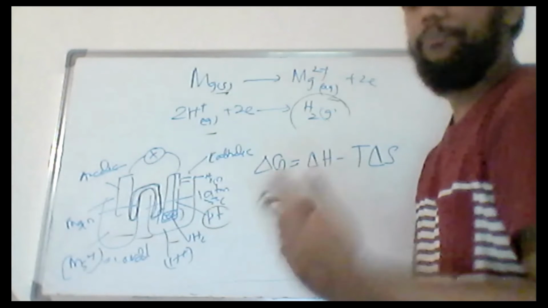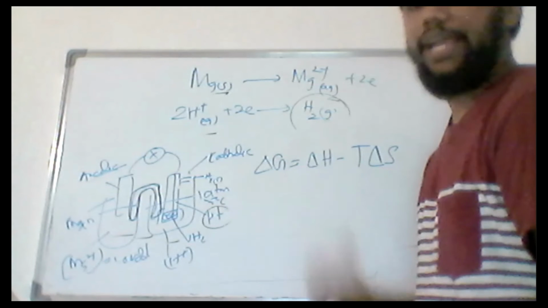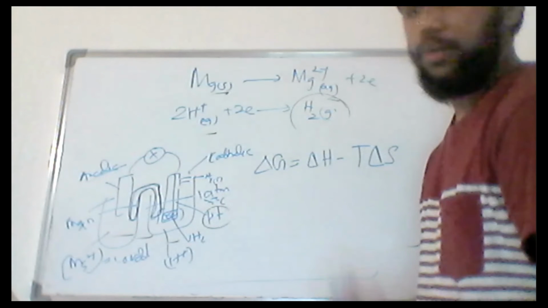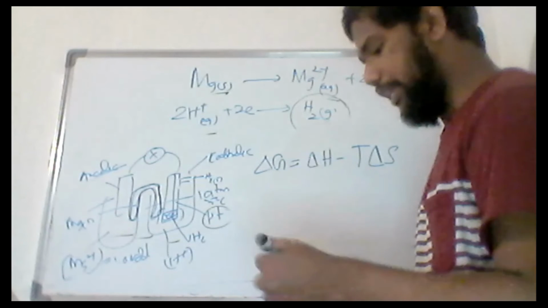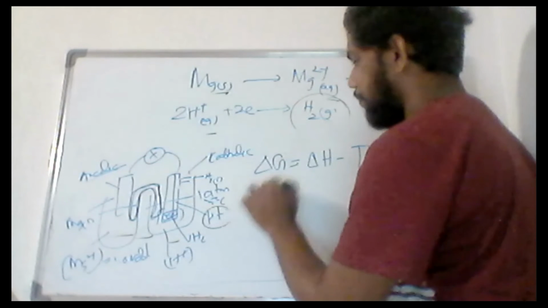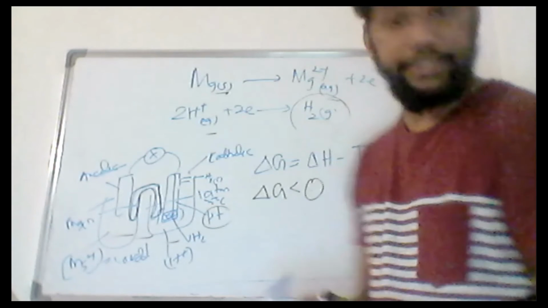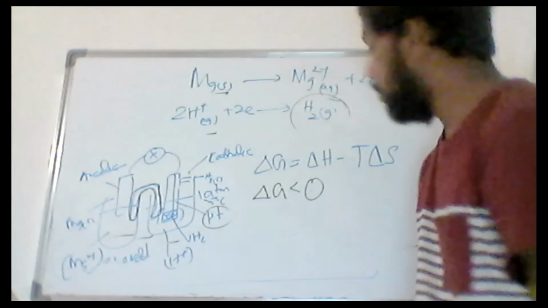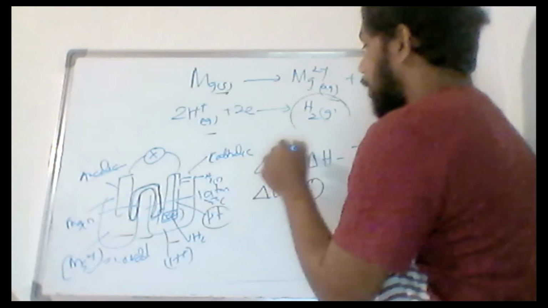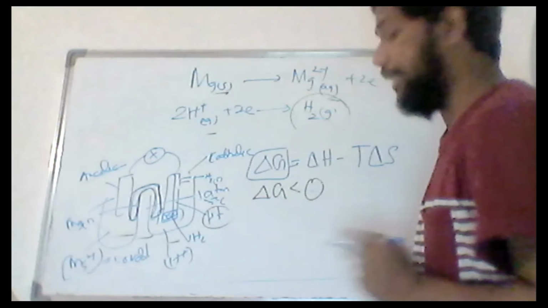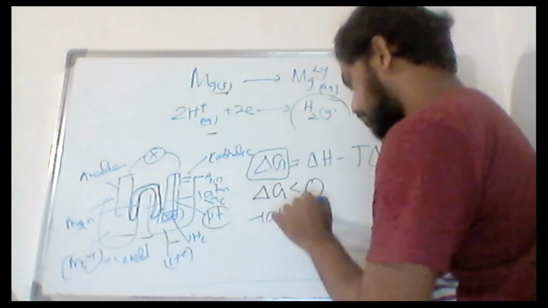When you calculate E cell, it is a positive value. If this is a positive value, it means this cell reaction is spontaneous, which gives the idea that delta G should be negative. It is less than 0. If this value is less than 0, what do you mean by this? It is like, let's say, minus 10 kilojoule per mole.